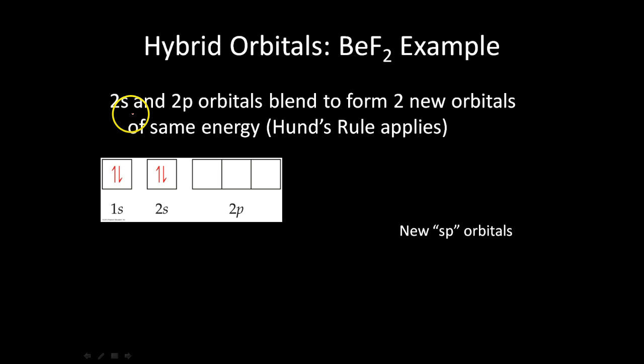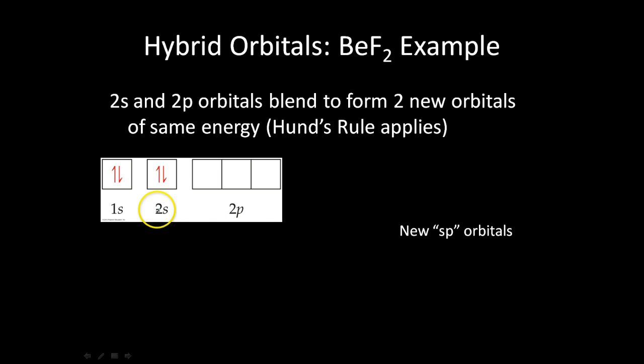So recall that the 2s and 2p orbitals are all available. In fact, all orbitals are available for all atoms. They're there, they're just not filled. And so what hybrid orbitals says is that in order to get half-filled orbitals, an atom can make a hybrid orbital by putting together one of the s orbitals with one of the p orbitals.